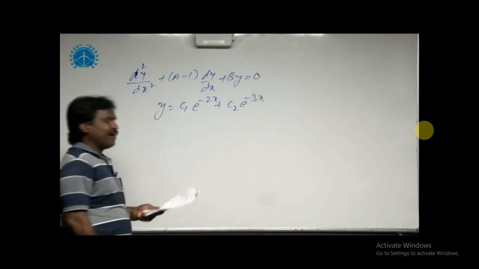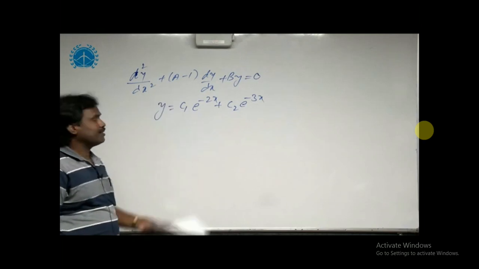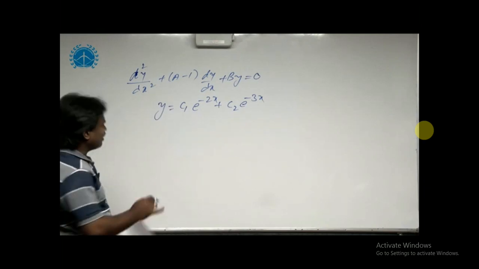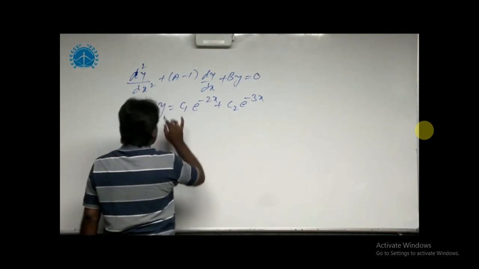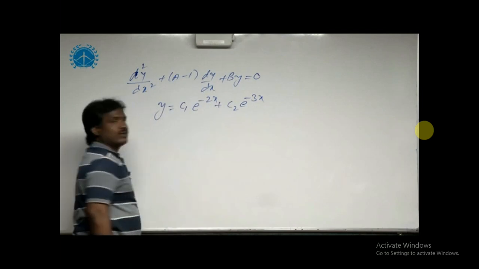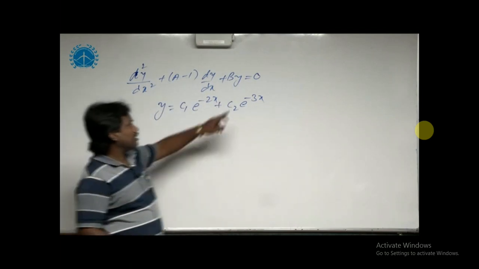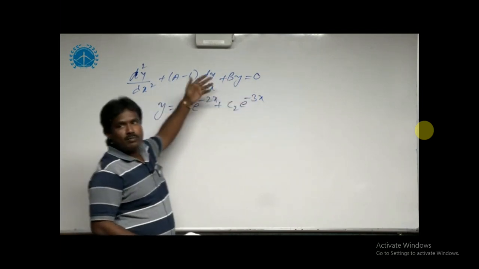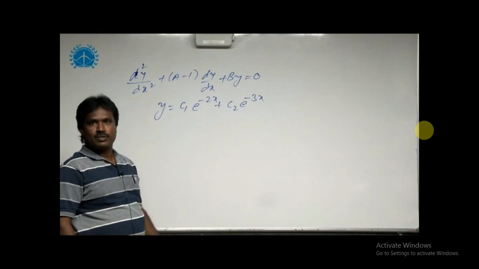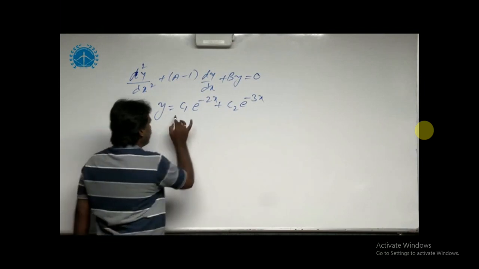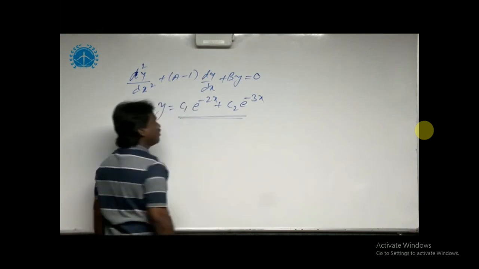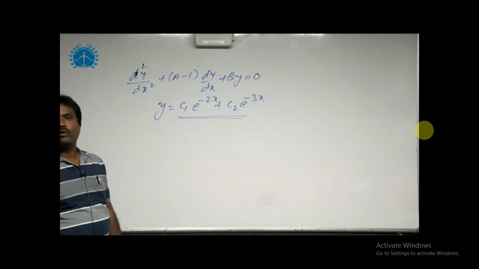Then find the values of the arbitrary constants a and b. Complete solution means the sum of the particular integral and the complementary function. But the right side is 0, so the complementary function becomes the complete solution.